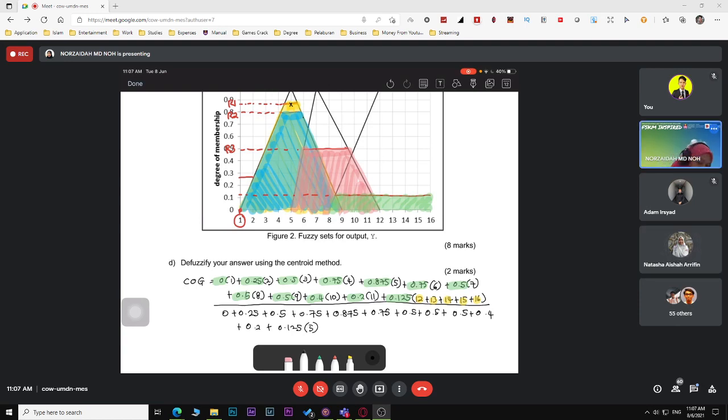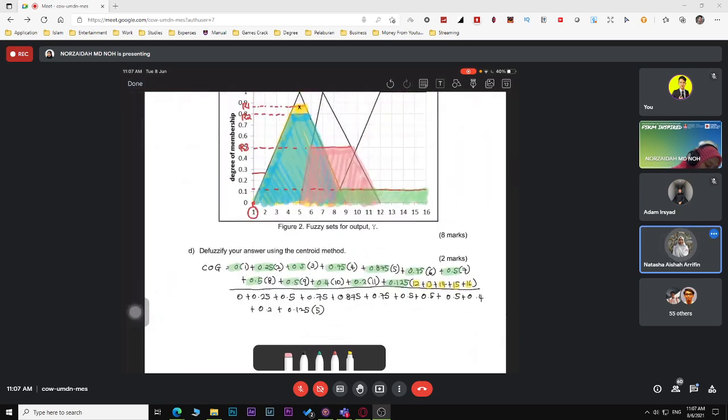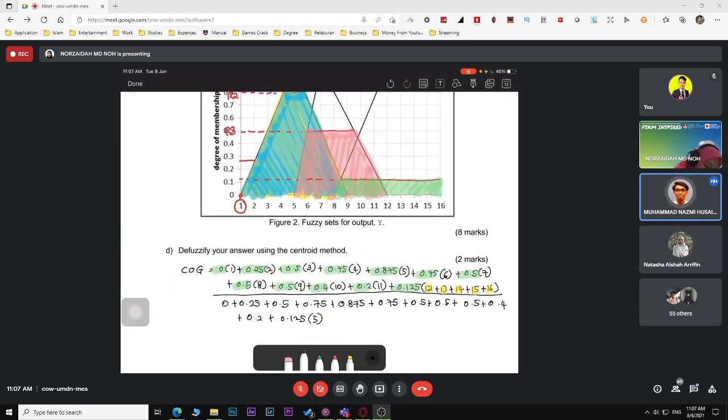Berapa, Natasha? 5.85. Saya tak kira ni. Yang lain? Saya tak sure pula. Saya dapat 40.825.